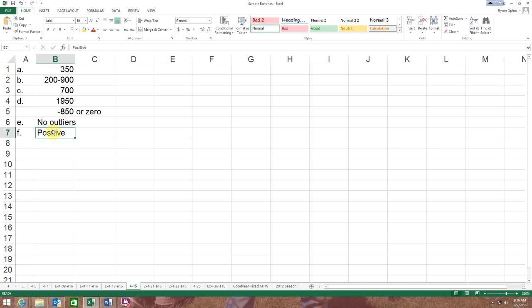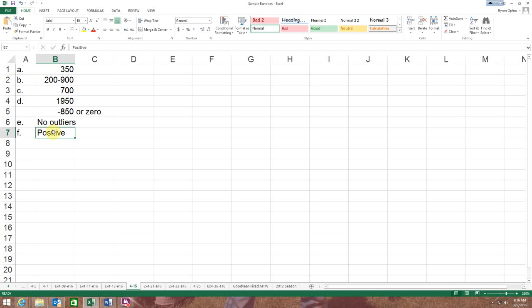And then the last question it asks is, is this skewed? For me, when I look at skewedness, I go to page 110, which gives you an idea of what skewed means, and if our big arc is to the left, we call that positively skewed.